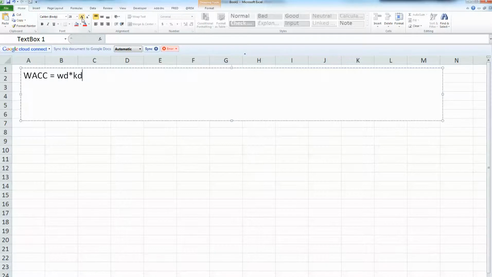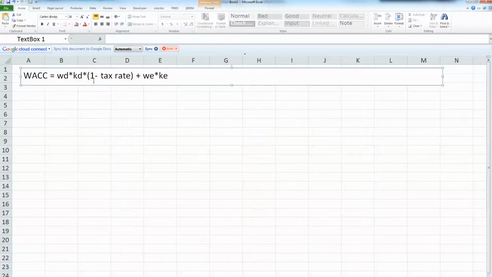And they usually write cost of debt as KD times 1 minus the tax rate, plus the weight of equity times the cost of equity. So I need to calculate all of these things, except the tax rate, which was conveniently given.